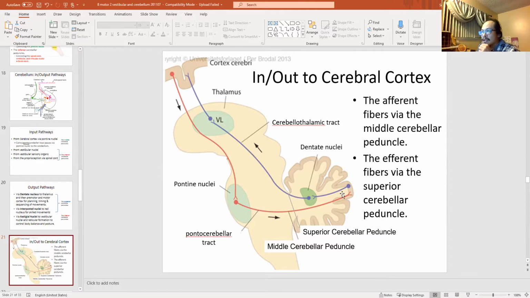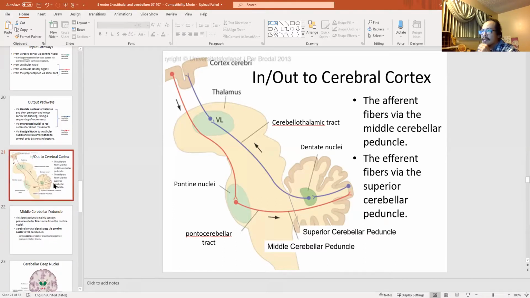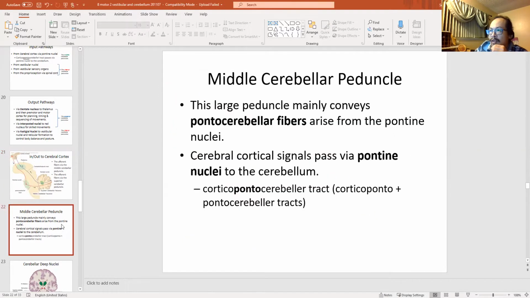The signal back to the cerebral cortex will go from the dentate through the superior peduncle and to the thalamus. It will innervate the ventrolateral nucleus of the thalamus and then to the cortex. So that's that. And the middle is the one that receives.